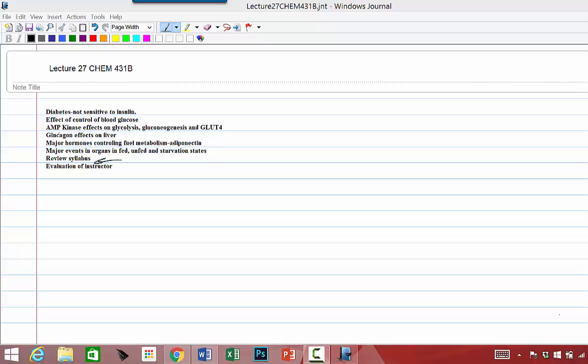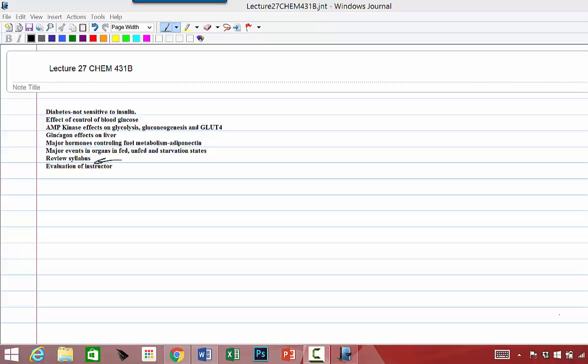Then you have protein kinase A, which gets activated, and it will convert phosphofructokinase 2 to fructose 2,6-bisphosphatase. What happens then is that this regulatory molecule, fructose 2,6-bisphosphate, goes down, and that will decrease phosphofructokinase, which is the glycolysis pathway.